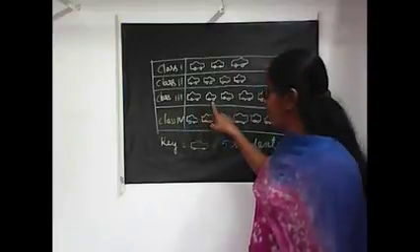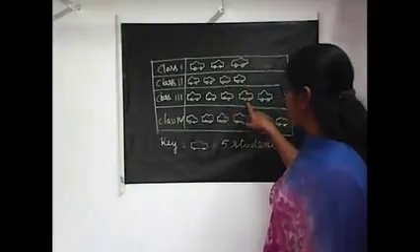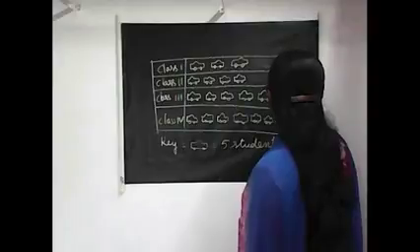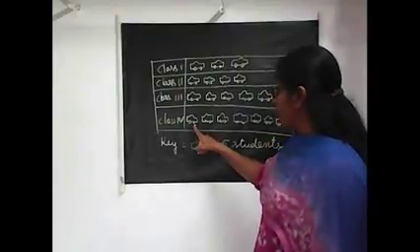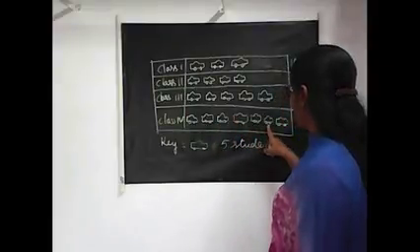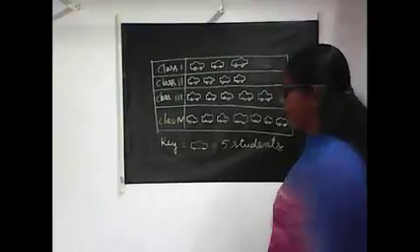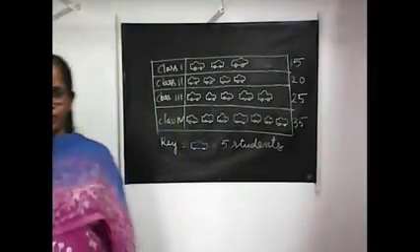So 5 plus 5, 10. 10 plus 5, 15. 15 plus 5, 20. 20 plus 5, 25. So write here. Then class 4. 5, 10, 15, 20, 25, 30, 35. Yes, this is the first step.